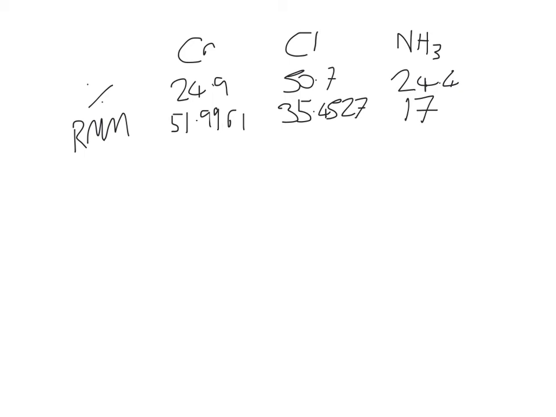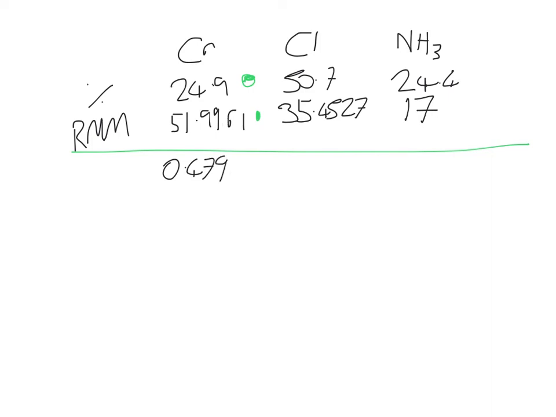So then we can do a simple division to see what molar fraction of the composition is made up by each of these components. We can divide 24.9 by 51.9961. I'm going to save that in my calculator as A, but the number is about 0.479.